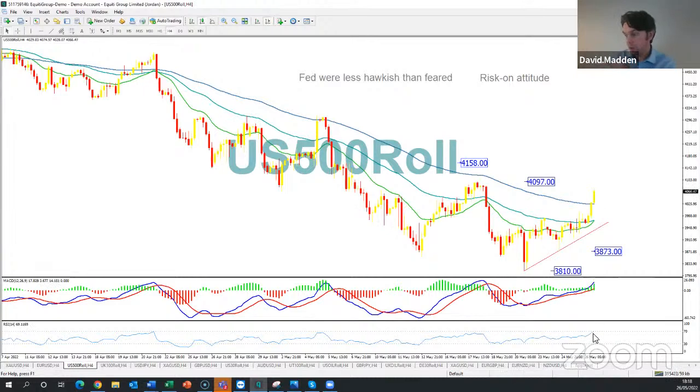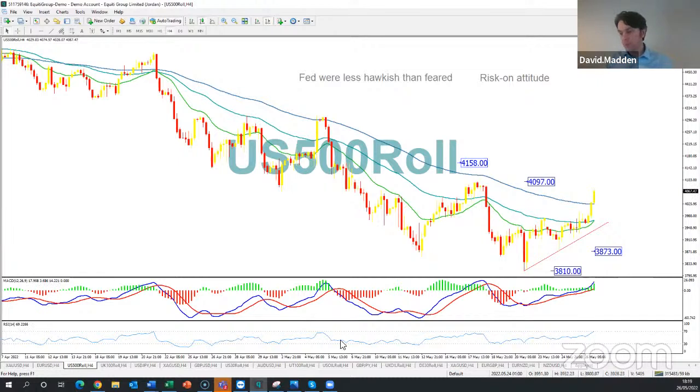Adding to that, looking at the RSI here, we can see it's moving higher, and it's just about approaching overbought territory. We're coming up to a reading of 69.17. A reading of 70 or above denotes the market's been overbought. Essentially, it's overstretched to the upside.